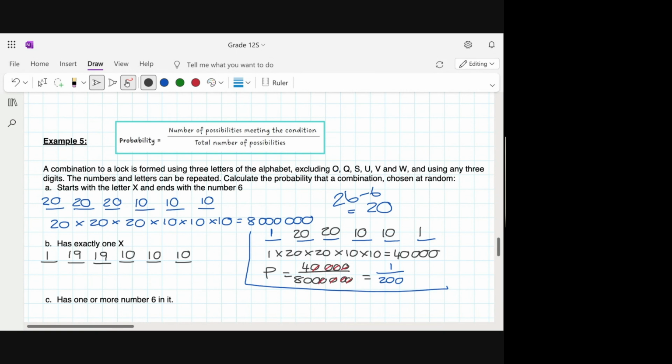So I've got 19 times 19 times 10 times 10 times 10.